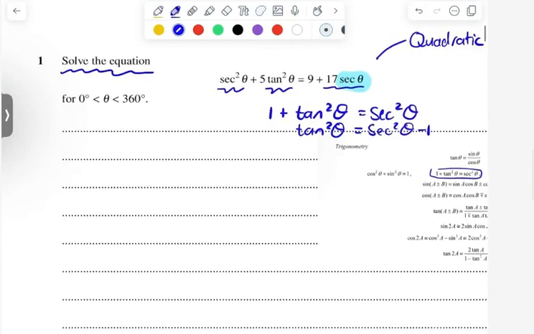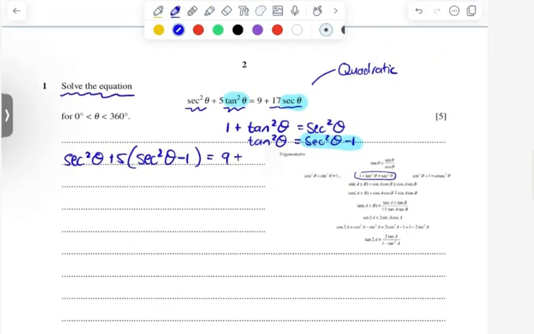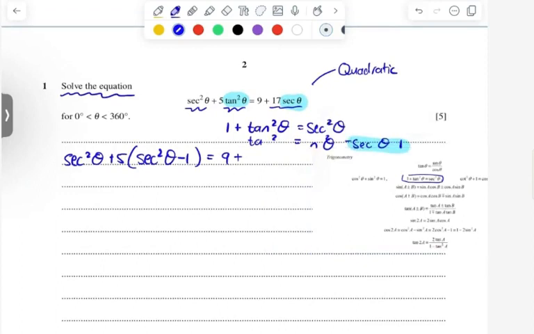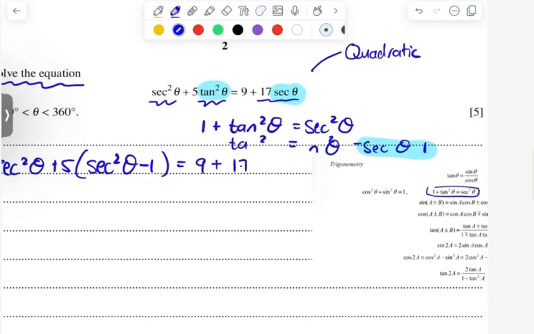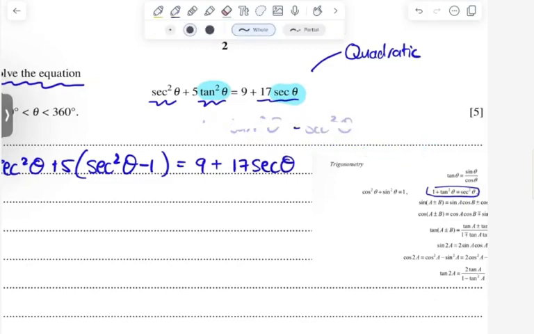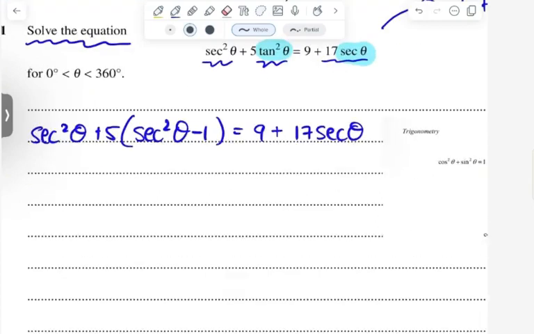If I rewrite my equation, I've got sec squared theta plus 5, and I'm going to replace tan squared theta with my identity, sec squared theta minus 1, and that is equal to 9 plus 17 sec theta. I did that on the side for you, but make sure that you're comfortable transforming this into only sec squared and sec, because we're aiming for a quadratic.